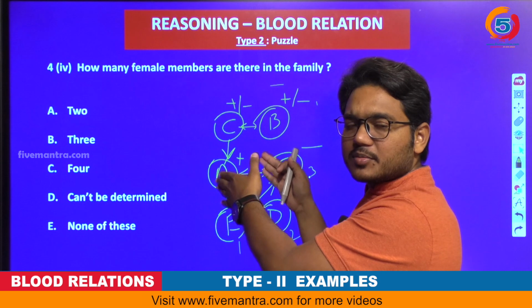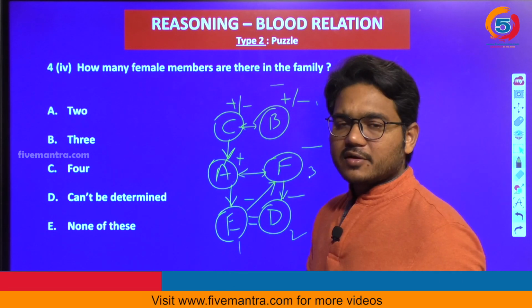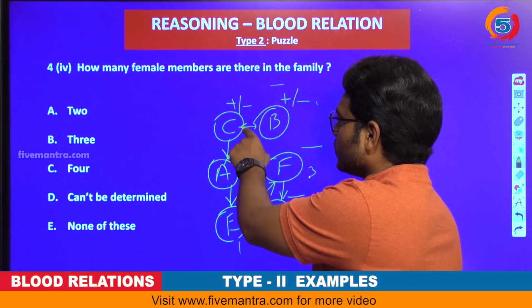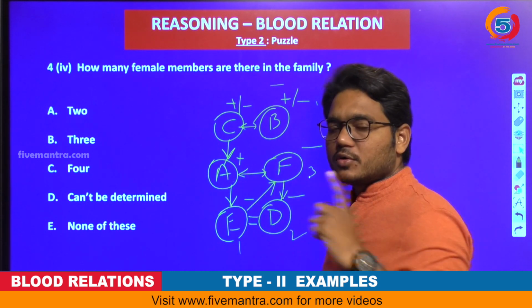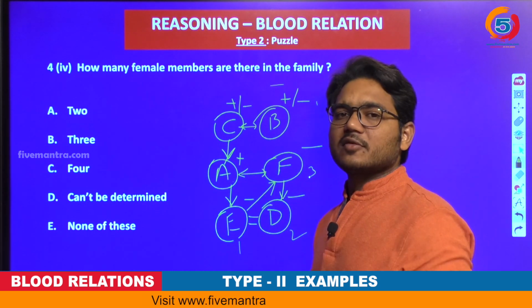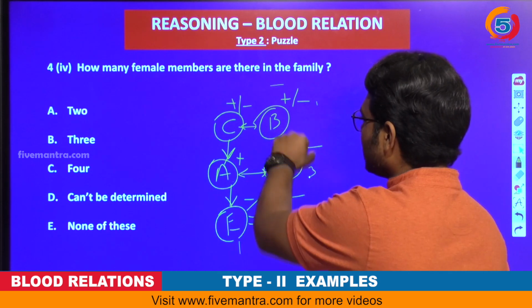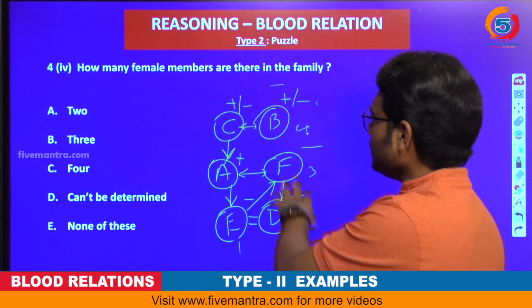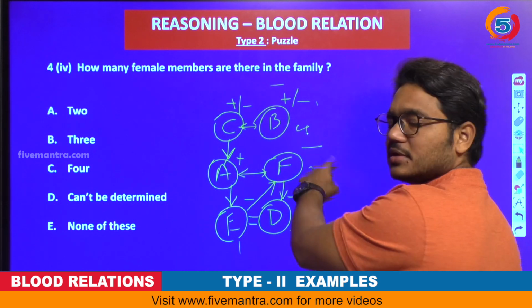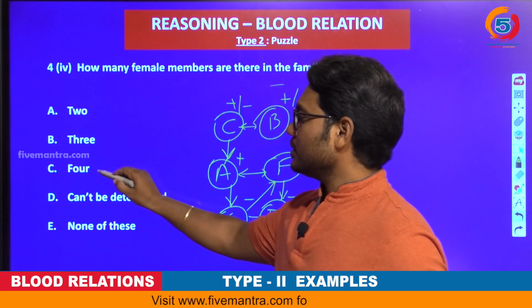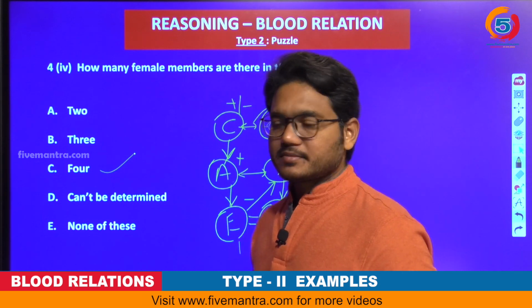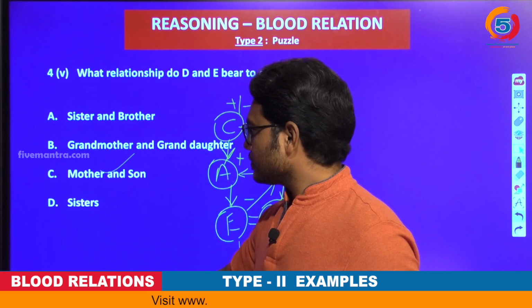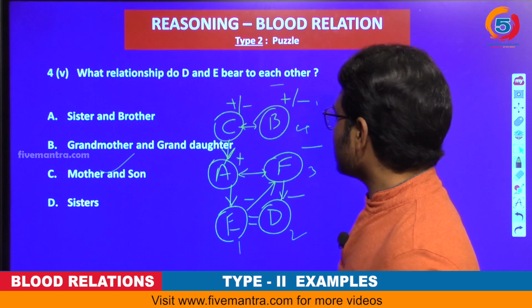B and C are parents of A and F, I mean this couple. So one between these two could be male and one is female. So obviously one can be taken from this. So in total, how many females do we have? 4. So the answer is certain here. Okay, so further, one more extension you got for this question.